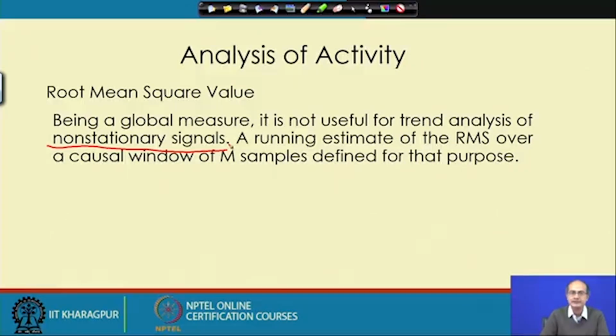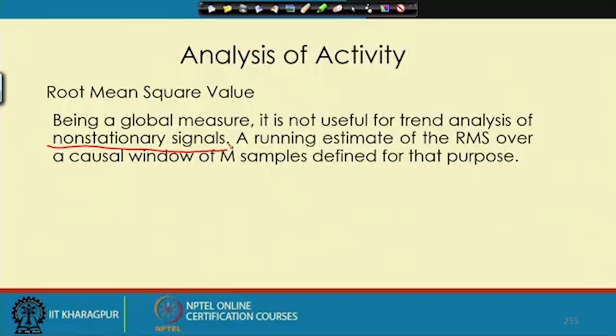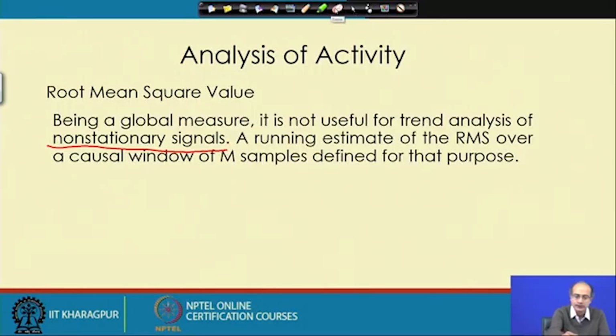So, if we are interested in the variation of the energy over time, what we should look at is not the RMS value, but a running estimate of the RMS. We should get a running estimate of that RMS value, and in that case the formula is slightly modified.